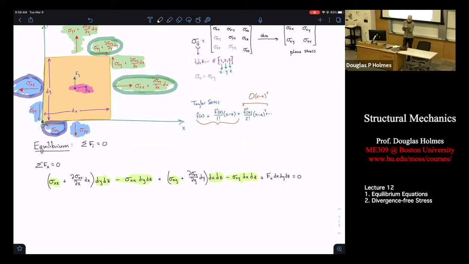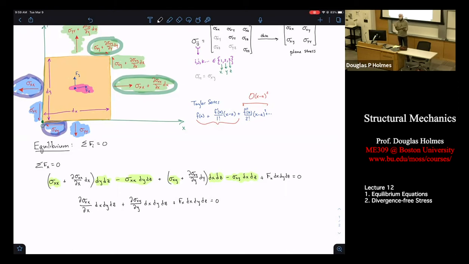We're left with the remaining terms. Now you'll notice that each of the differentials in this equation multiply dx, dy, dz.